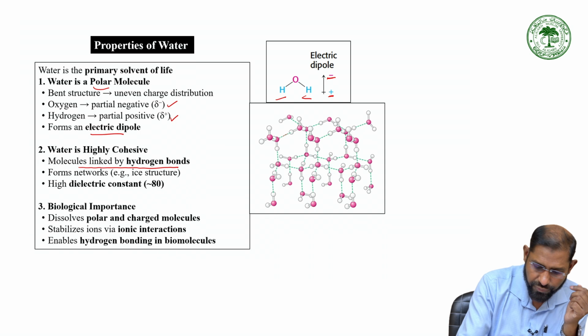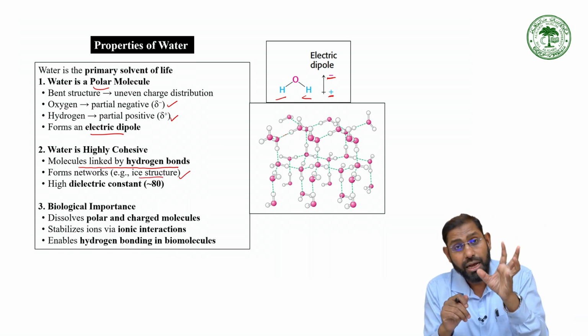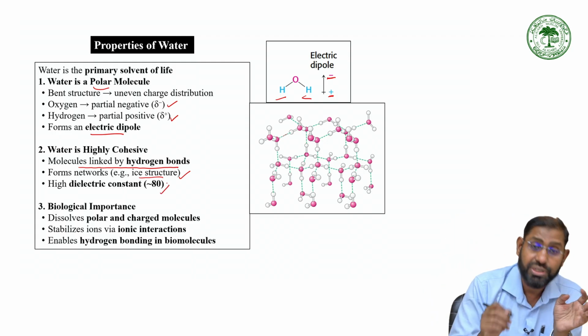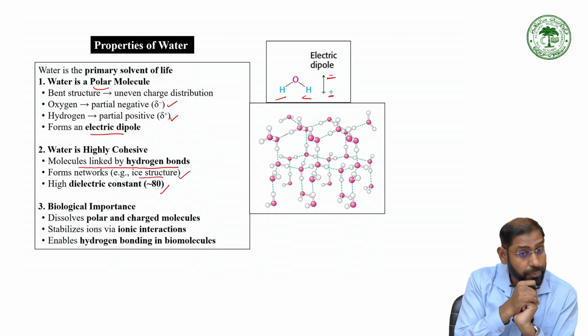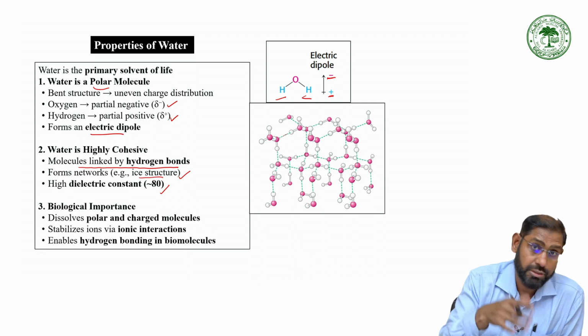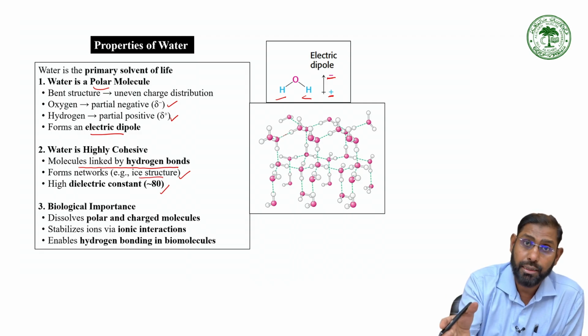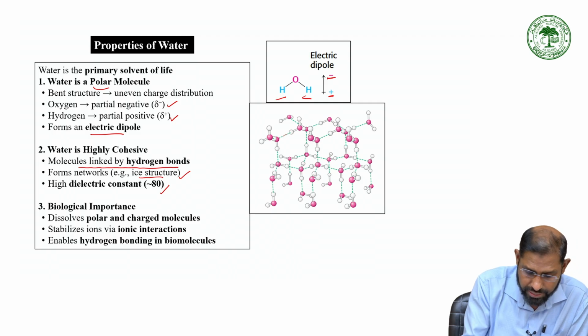This is an example of the ice structure. Water also has a very high dielectric constant, almost 80. Its biological importance is that it dissolves polar and charged molecules because of hydrogen bonding, and it stabilizes ions via ionic interactions.